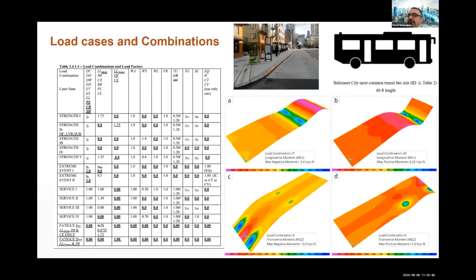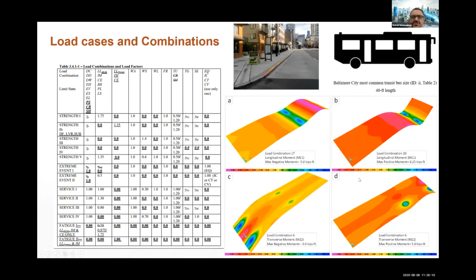In terms of the load combination, we use the load combination based on the AASHTO at the strength and service limit states. And here you see the critical results that we got for the different load combinations.